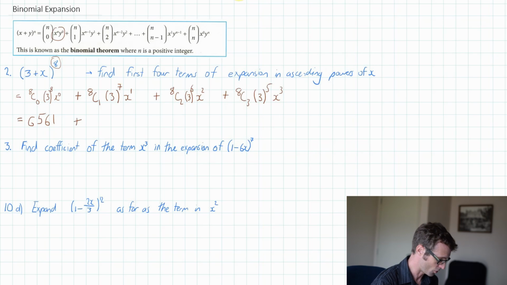But then we need to do 3 to the power of 7, again not something I know. So 3 to the 7 is 2187. 8 choose 1 is 8, so I need to times 2187 by 8, and I get 17,496.